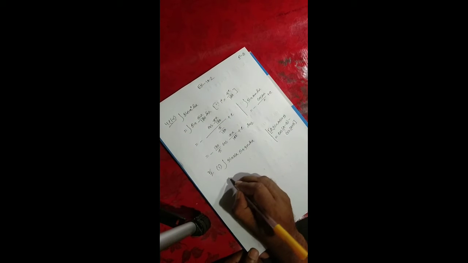That means cos of a minus b minus cos a plus b. This is the formula. Now we put the formula.